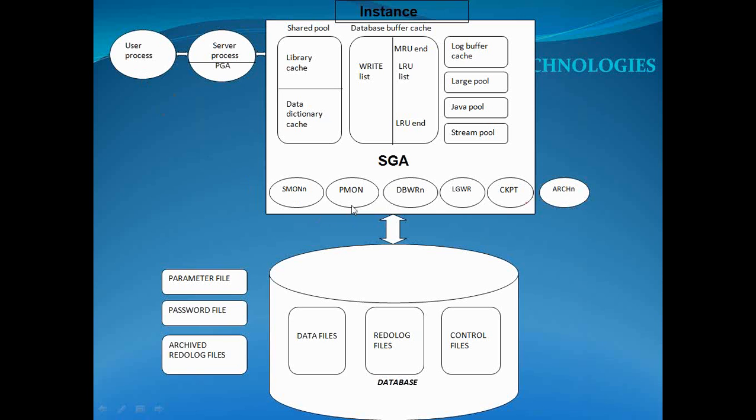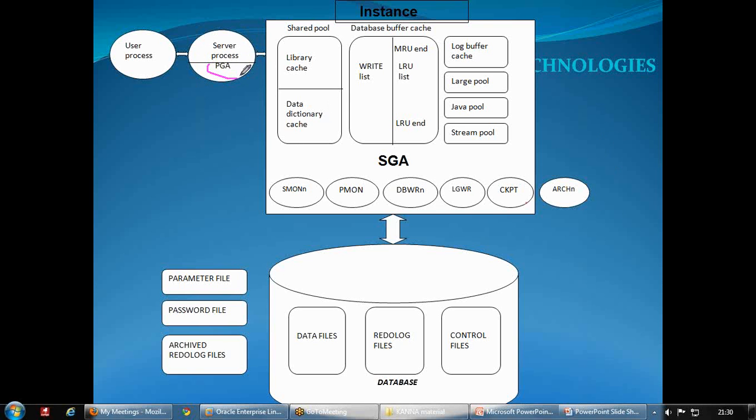But for all of the other processes, even though they contain some memory, Oracle has not given any specific name. But for the memory area of the server process, Oracle has given a particular name, and we call it PGA.